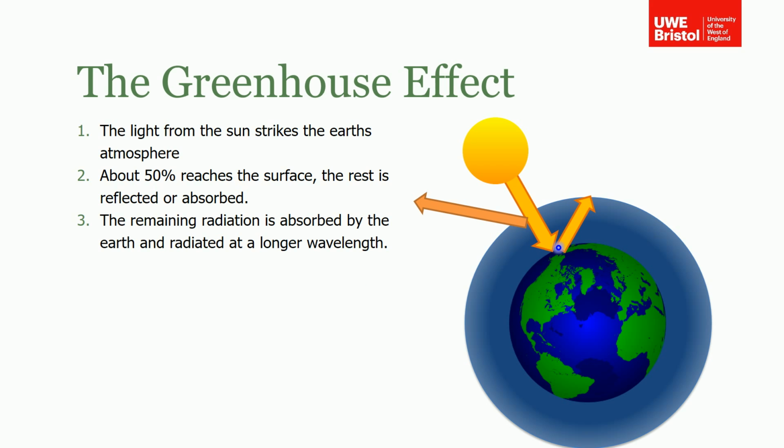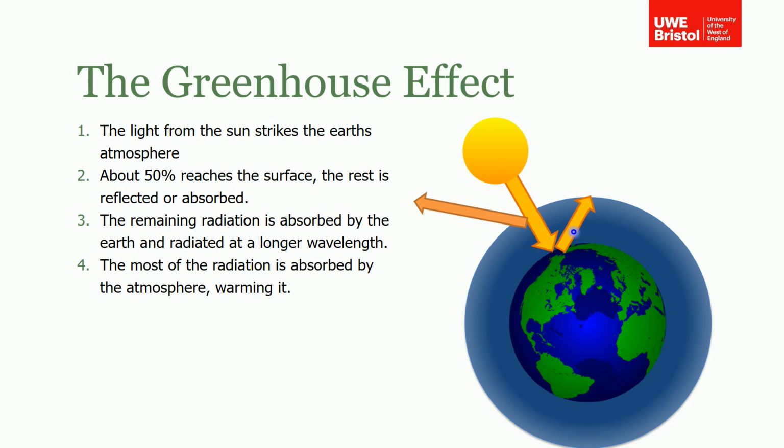The remaining radiation that reaches the surface is absorbed by the Earth, and it's then radiated at a longer wavelength. Because it's radiated at a longer wavelength, it's reabsorbed by gases in the atmosphere, particularly carbon dioxide.